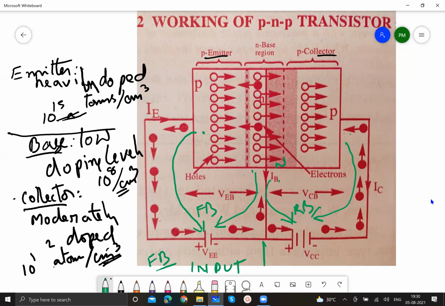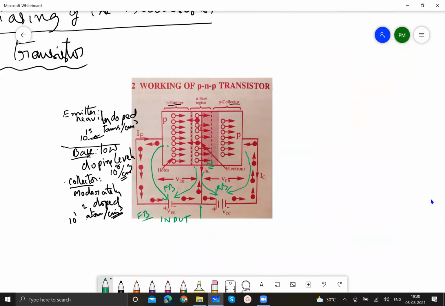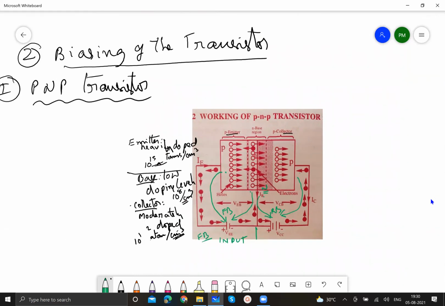So what happens here is, at the center we have N, the N-type extrinsic semiconductor, whose majority charge carriers are electrons.